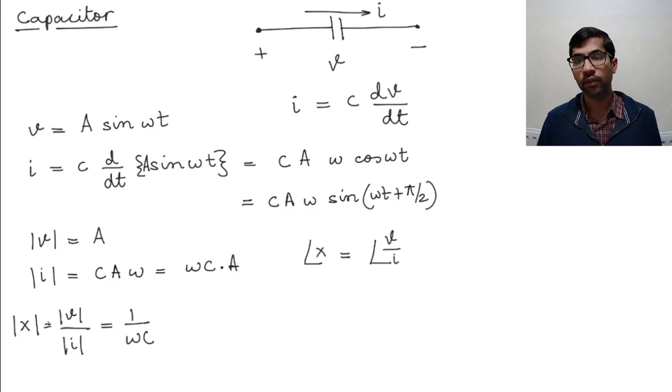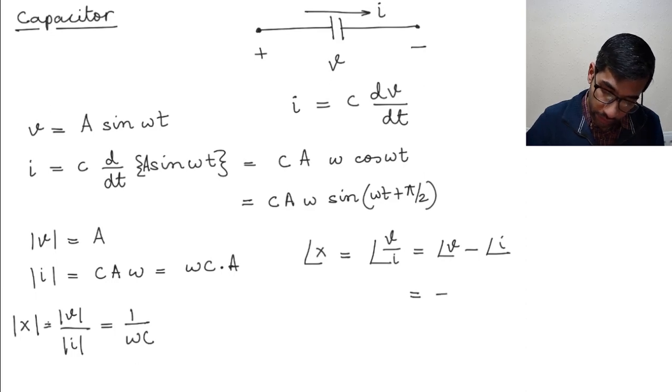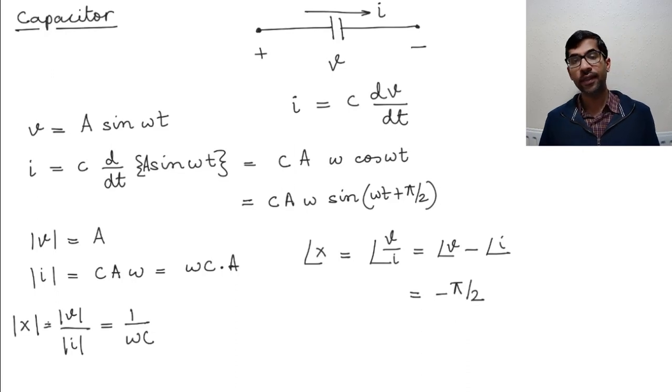And do you remember how you find the angle? If you remember complex numbers, what you do is this is equal to angle of V minus angle of I, right? And what's the angle of V here? It's 0, the phase of, and the angle of I is pi by 2. So what we get here is minus pi over 2.